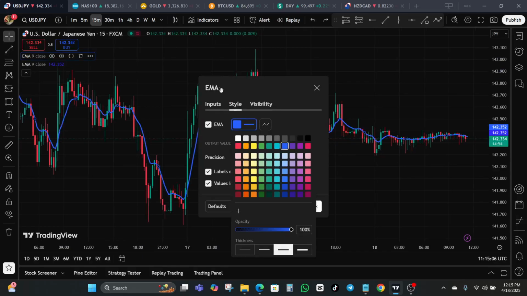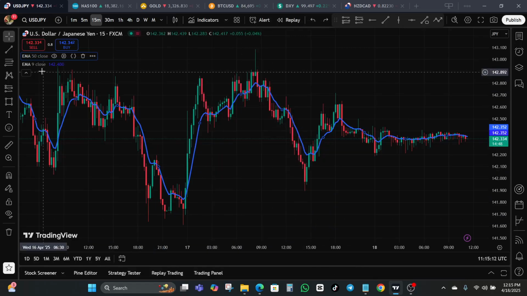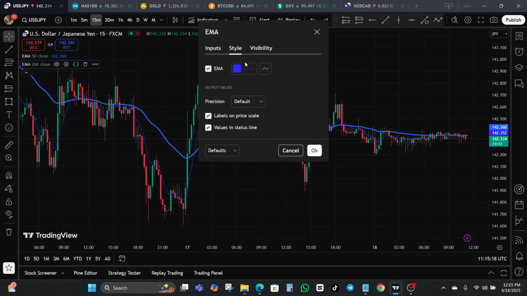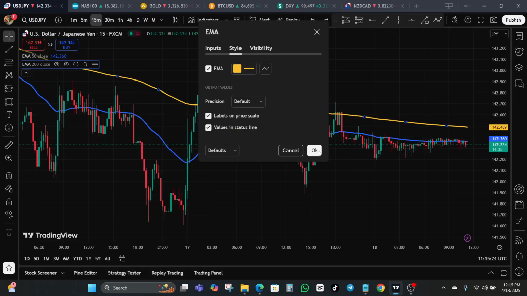Let me just increase the thickness of this. Set this to 50. And I'm going to change this to 200. I'm going to change the color for easy identification, and increase the thickness as well.